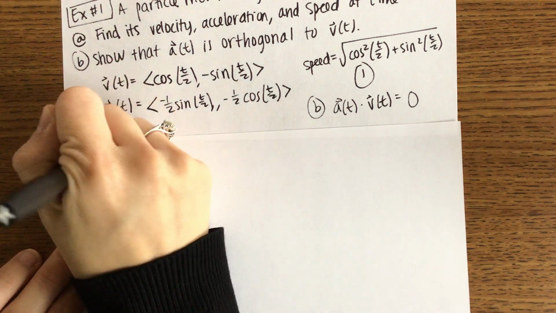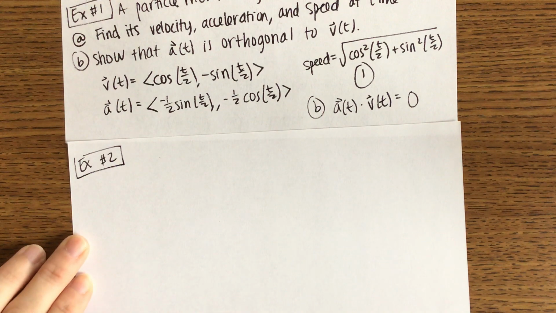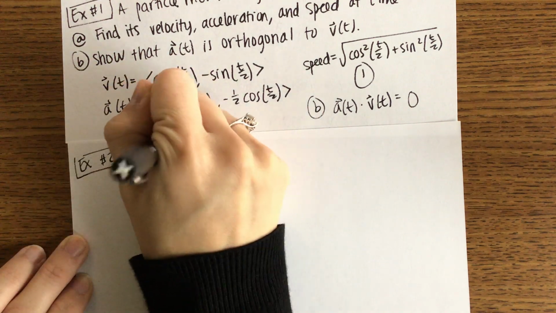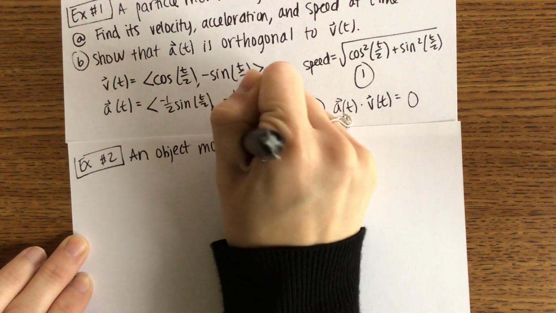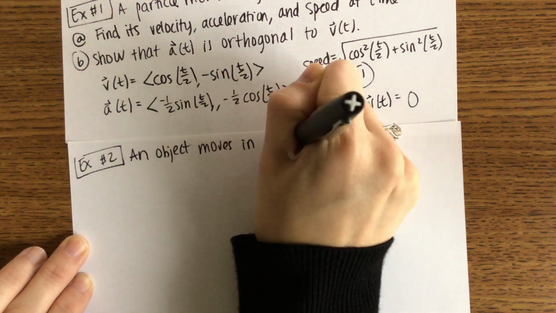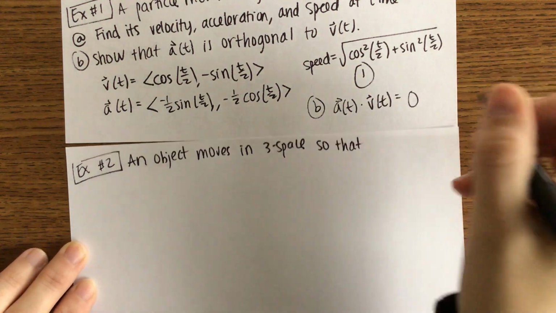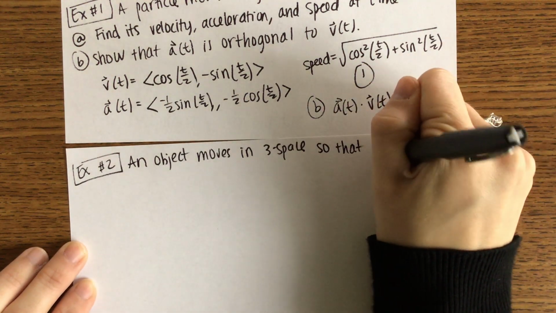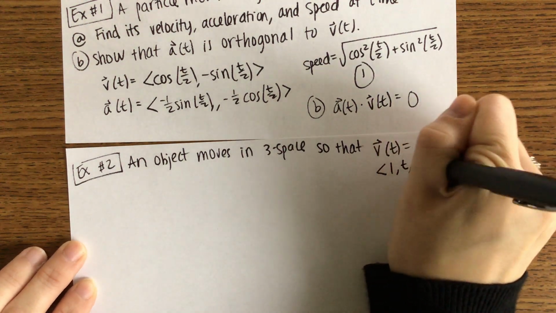Okay, next example. An object moves in 3 space so that its velocity function is 1, t, and t squared.